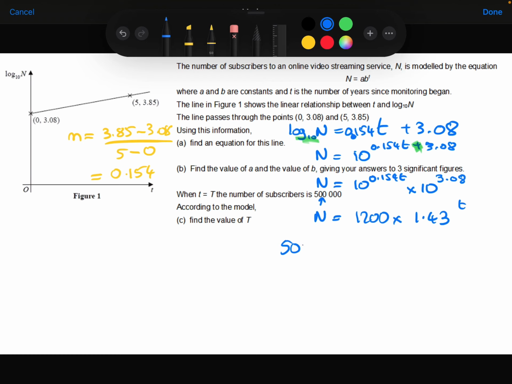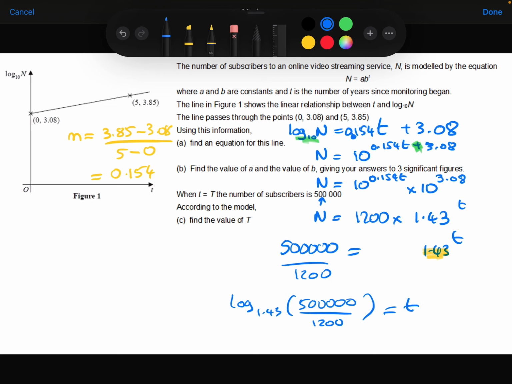So if I say that 500,000 is equal to 1,200 times 1.43 to the power t, divide by 1,200, and then to work out t, if I do logarithms of both sides, the base of the logarithm is going to be 1.43. So log base 1.43 of 500,000 over the 1,200.